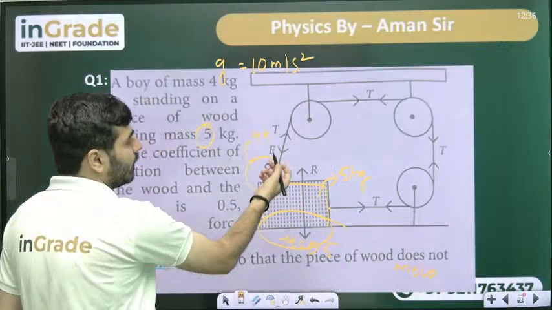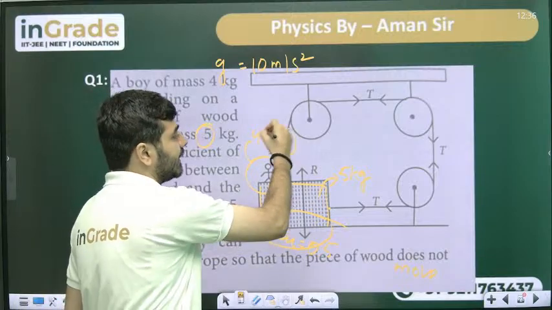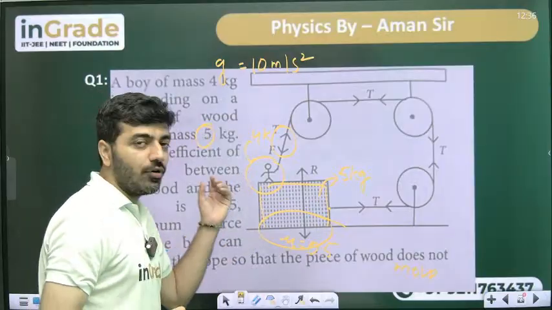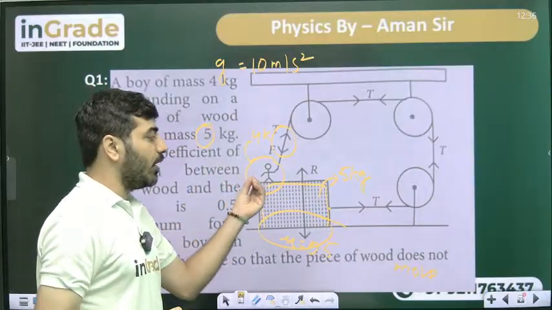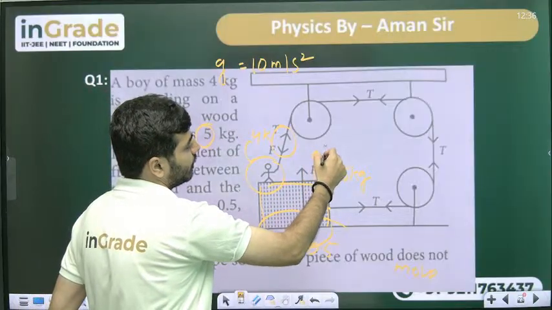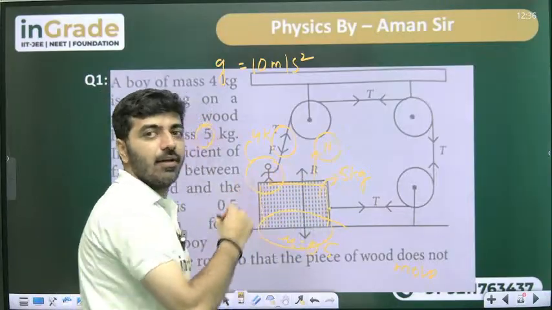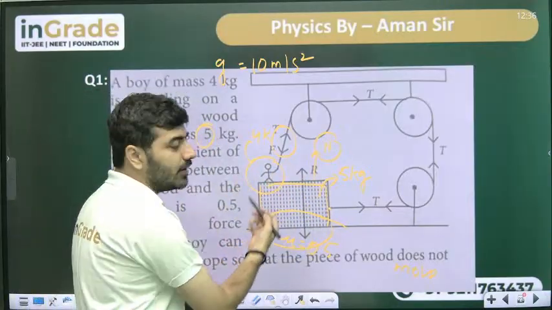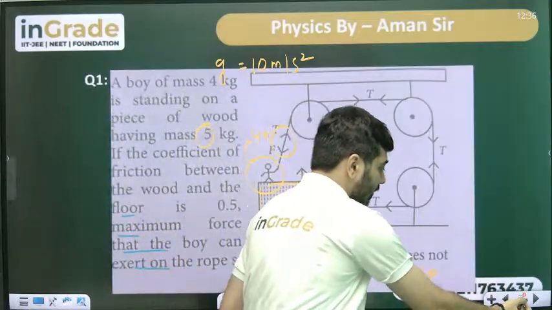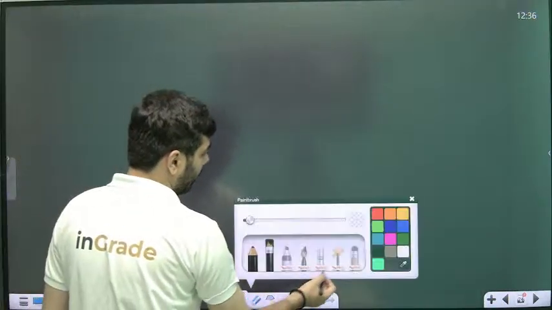It means if the boy pulls that wire with a tension T, then because of that pulling, a force is exerted by the boy on the wooden block, let's say capital N. So we have to find the value of that N. What we have done is first plot the free body diagram of the boy.